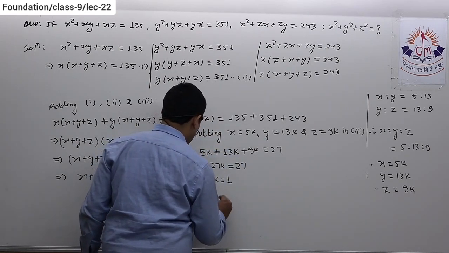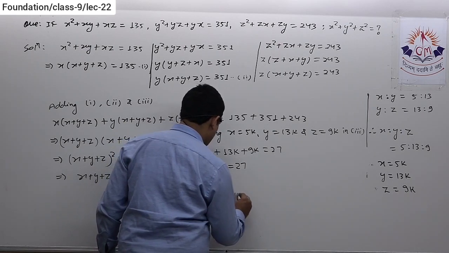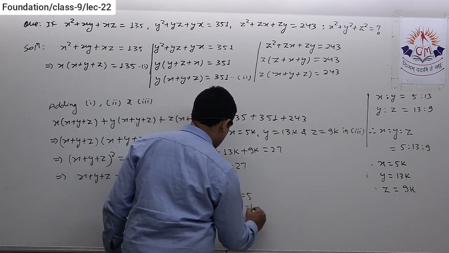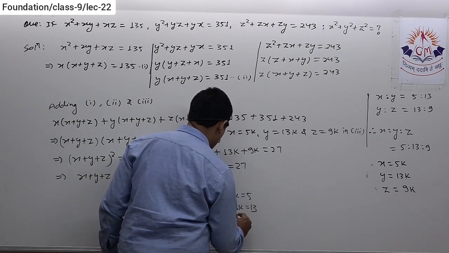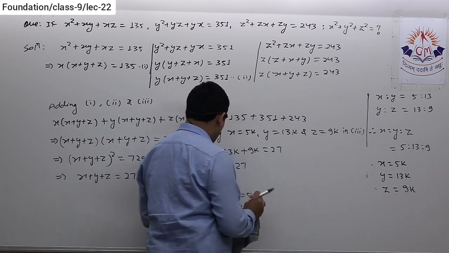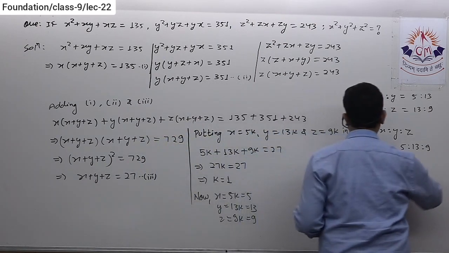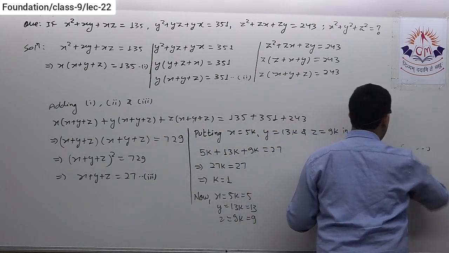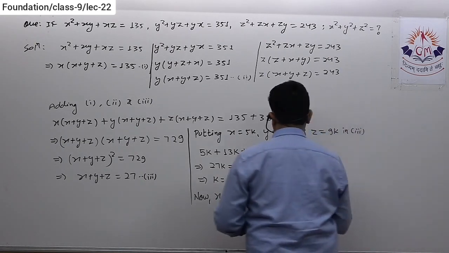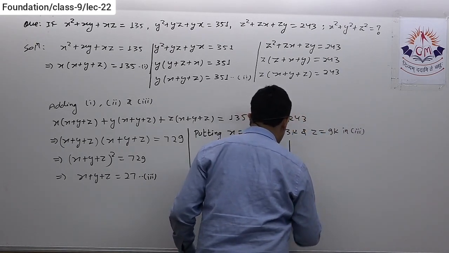Now x was 5k, that is equal to 5, y was 13k, that is 13, and z was 9k, that is 9. So I got the values of x, y, and z. Now we'll put these values in the expression that we have to find simply.